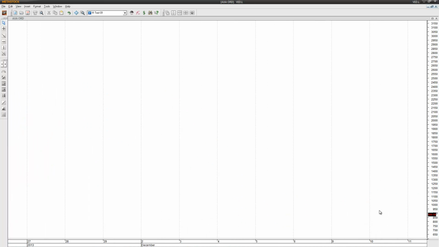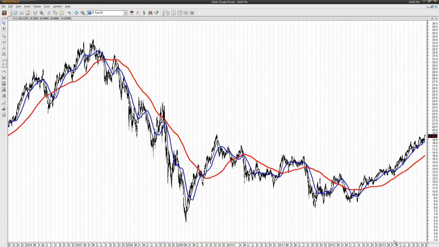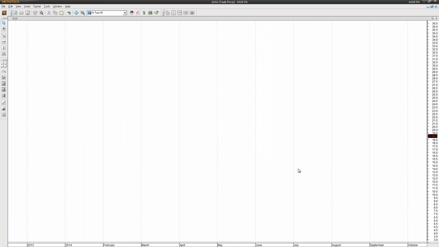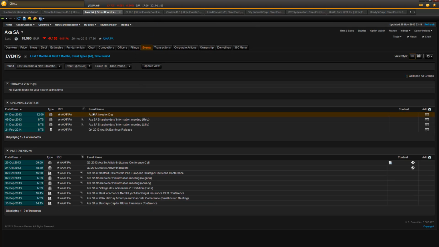Okay, next chart is AXA from Paris. I'm using the pivot, the peak from 2009, and you get a high print of 19.36. That's where I put in my short sell limit order. Check for earnings for AXA.